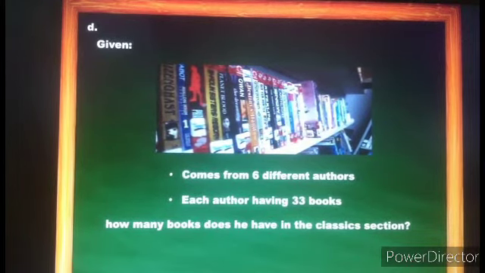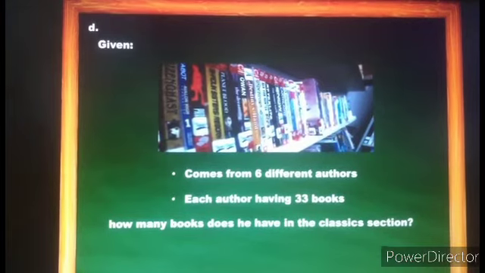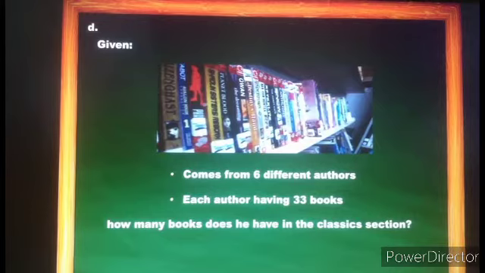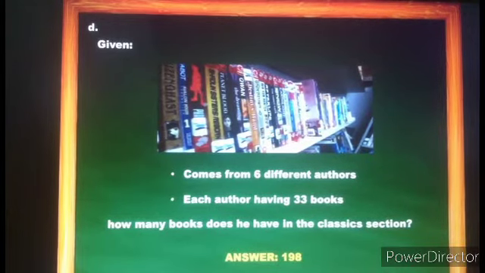In order to get the exact total number of his books, what type of operation do we need to use? Each of the authors has 33 books. Now, can you tell me your answer? If your answer is 198, you're correct, and we use multiplication to get the answer.